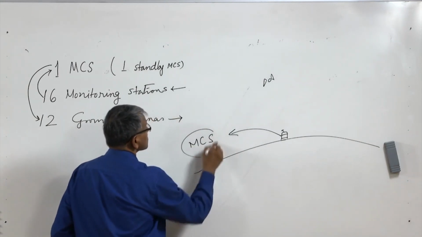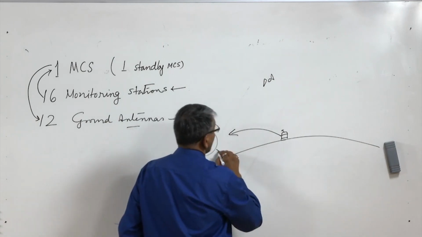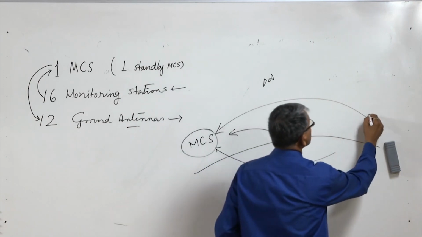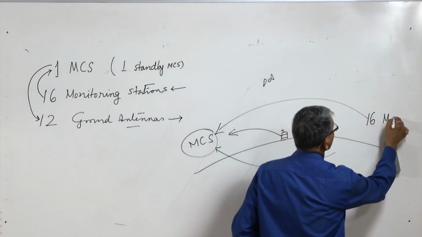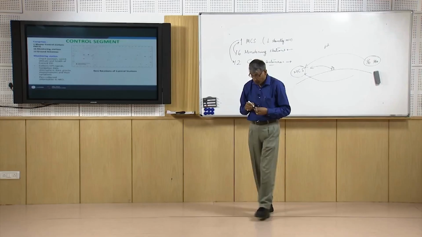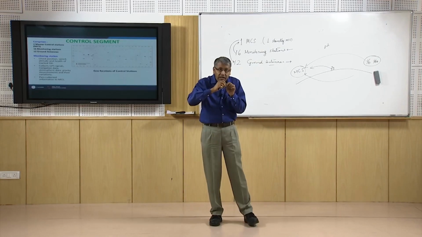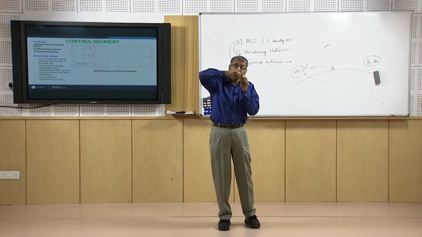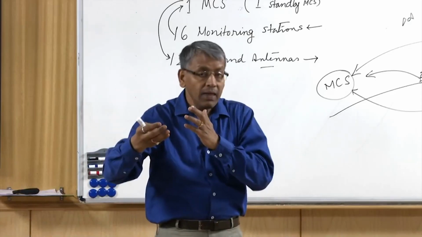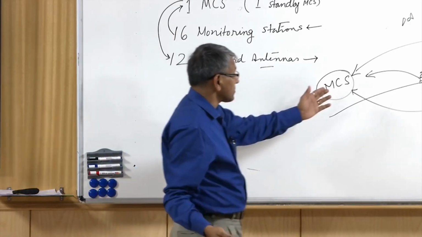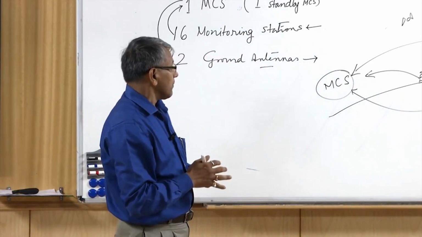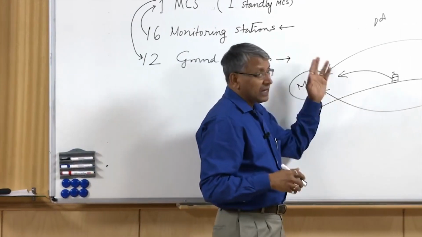So the master control station receives information from 16 monitoring stations, and for the same satellite, when it passes over different monitoring stations from time to time, it provides the master control station information for the same satellite at different times in a single day.